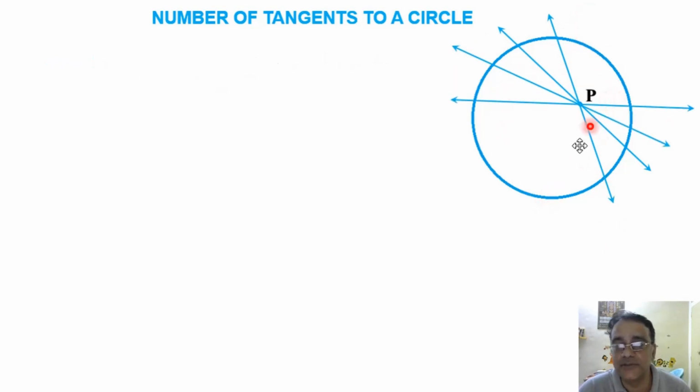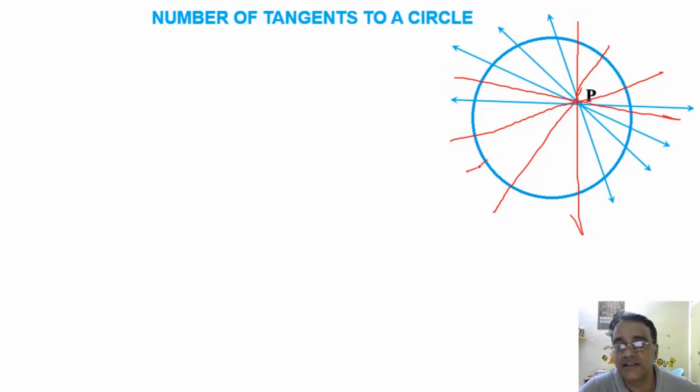So what we are observing, whatever the line you draw, from anywhere, it will intersect at 2 points. So हम लोग को सारे lines secant मिल रहे हैं. We are not getting a single tangent.